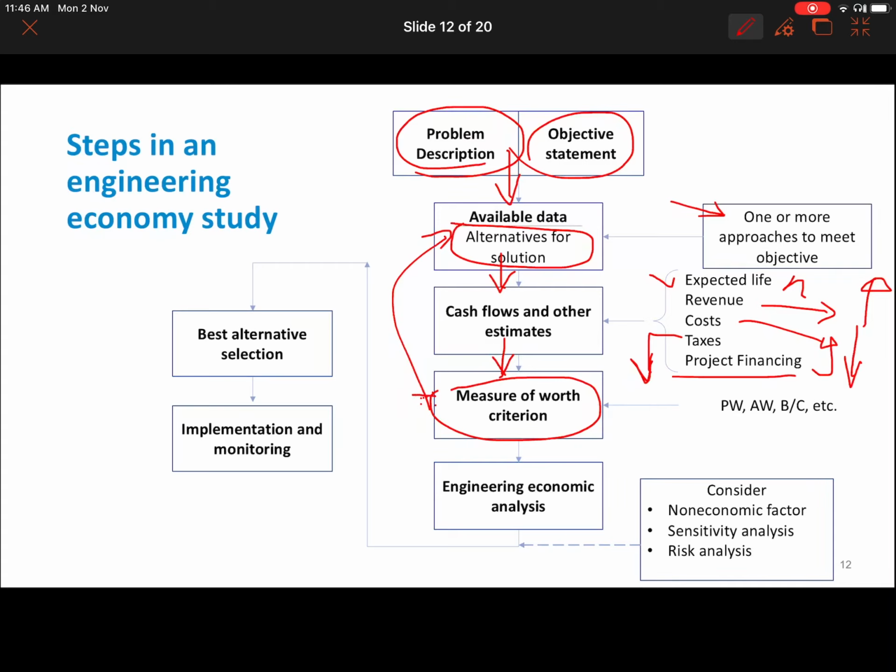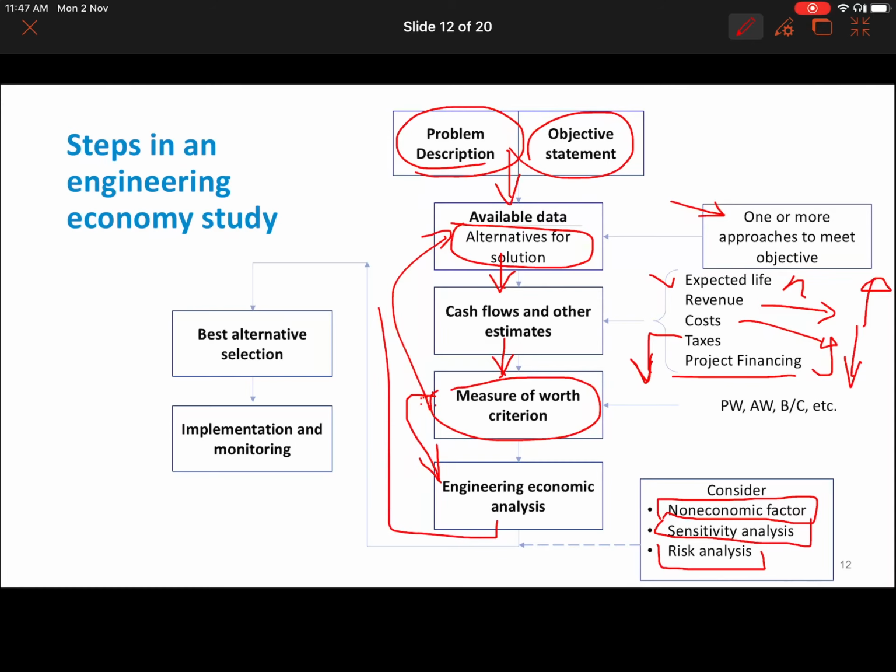Once you select that measure of worth, you do your engineering economic analysis, but you need to consider this. If you have some non-economic factors that will affect your project, you do some sensitivity analysis to measure between different factors which affect your analysis, and risk analysis based on what will happen and what if you do something, will it be risky or not.